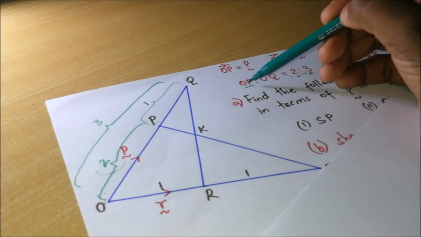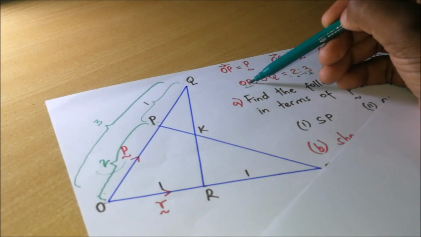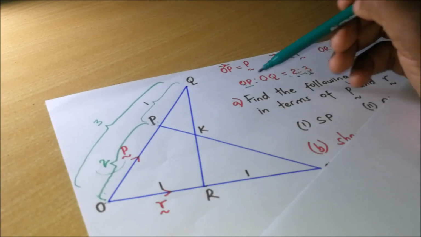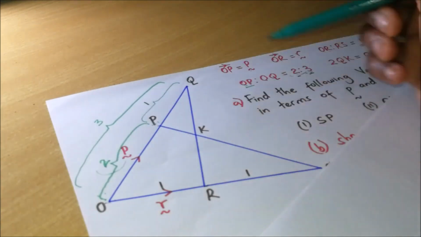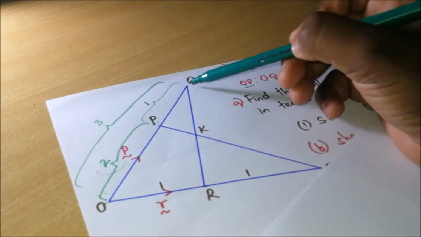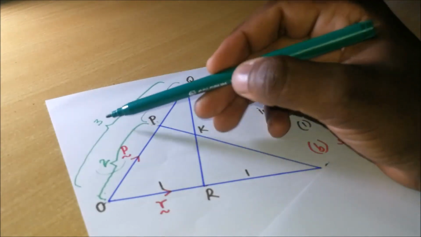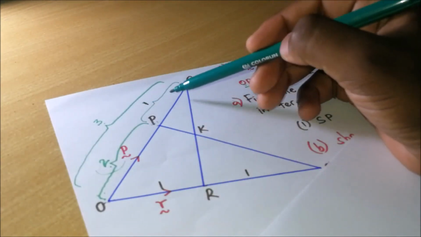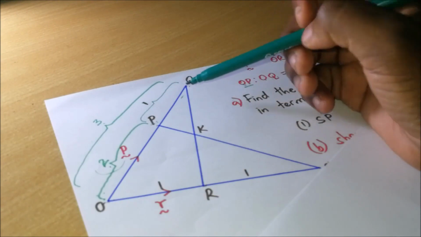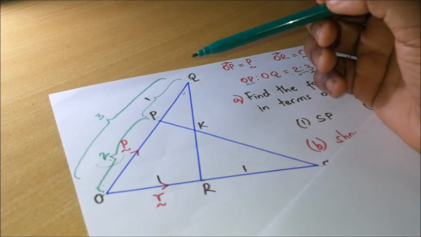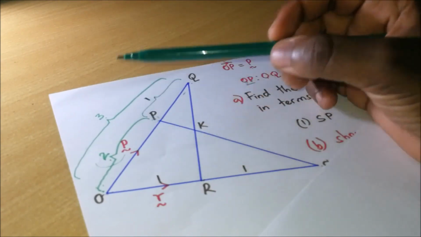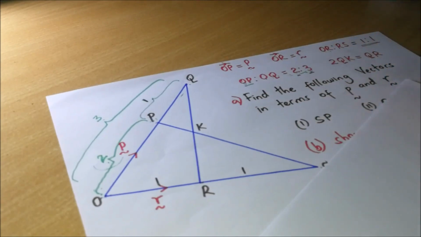I'm following the letters from where it's starting to where it's ending, and I am following the ratios. OP is 2, OQ is 3, so 3 minus 2 gives us 1 for this remaining portion. I label it like that because I'm definitely going to need this to guide me in my interpretation of the questions I'm going to do.